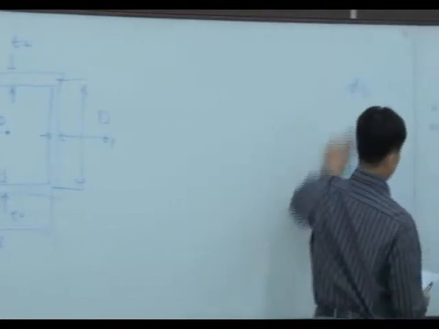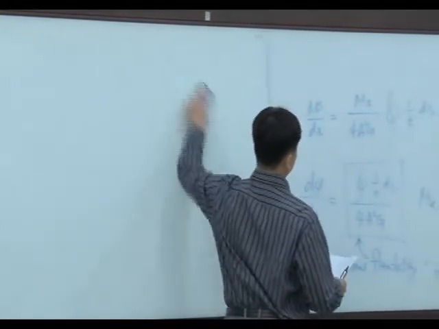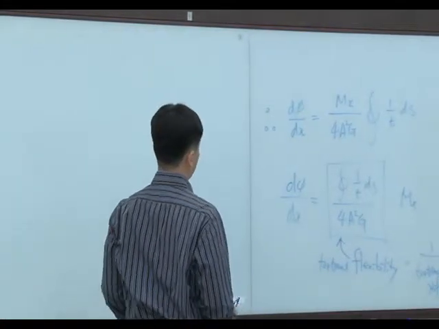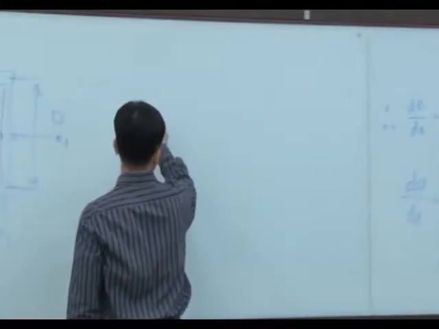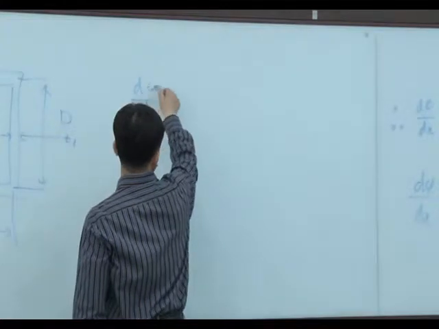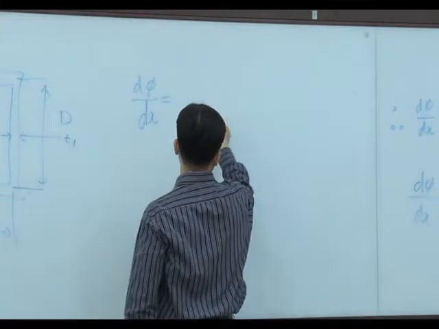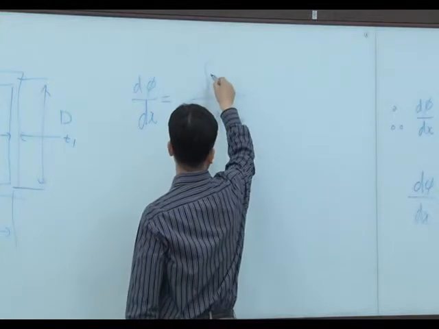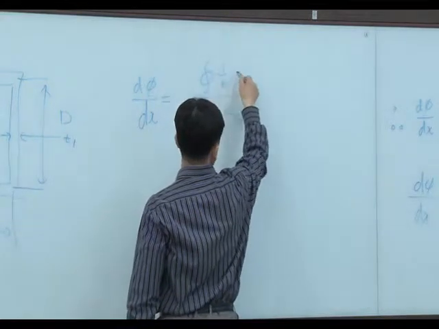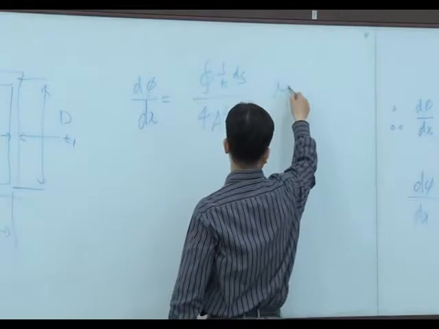Okay, for that case, let's calculate this equation. So dx dy equals 4a square G pi t over 1 ds mx.